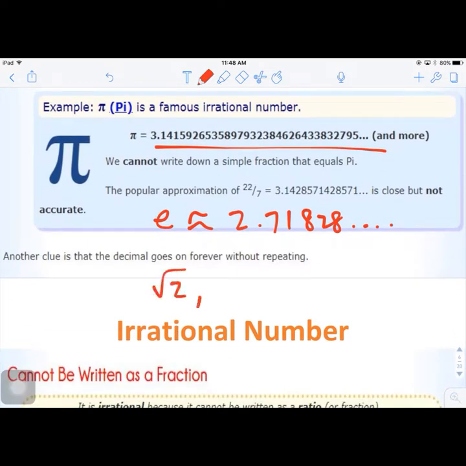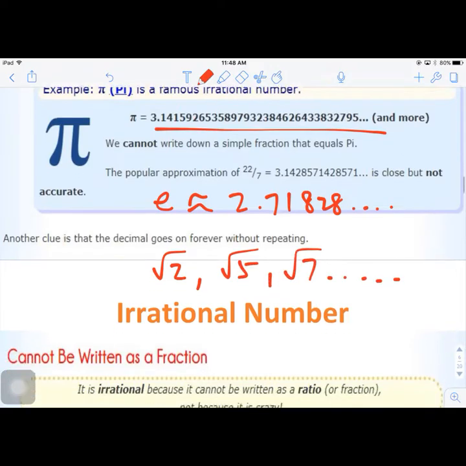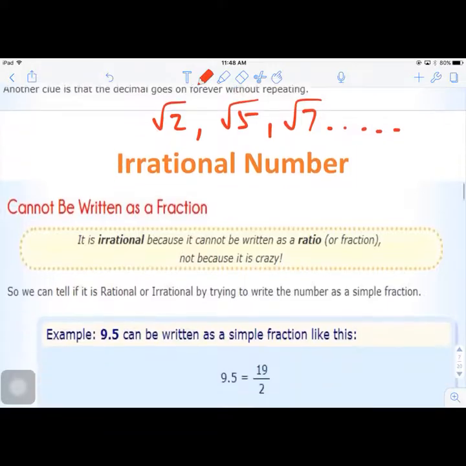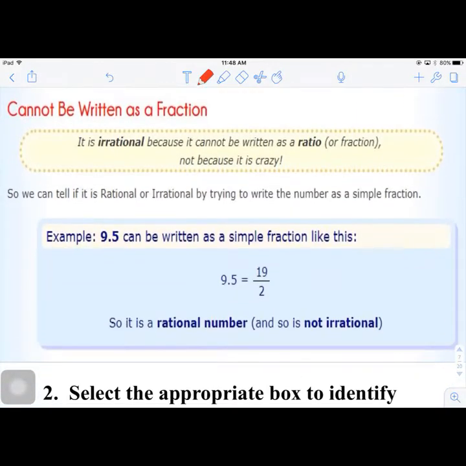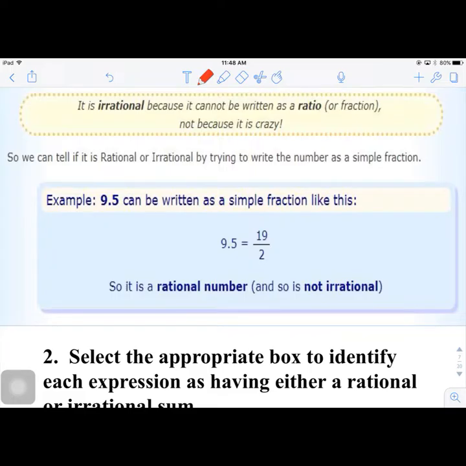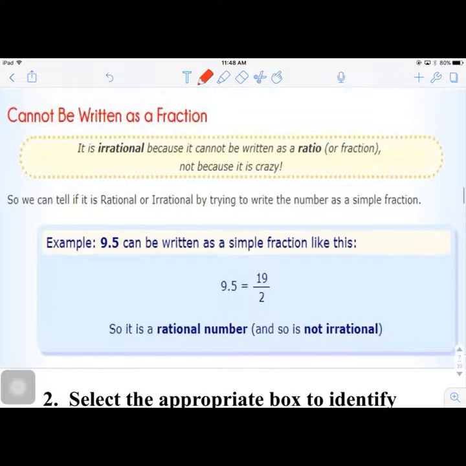And so is radical 2, radical 5, radical 7, so on and so forth. There are many numbers that are irrational because they are in radical form. And if you cannot express something as a fraction, it is irrational.